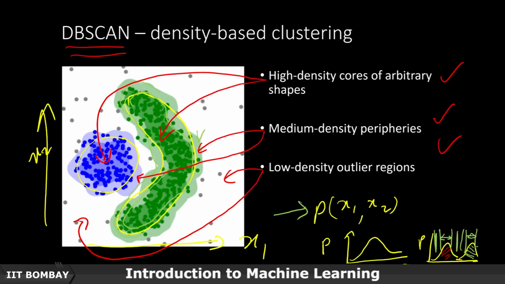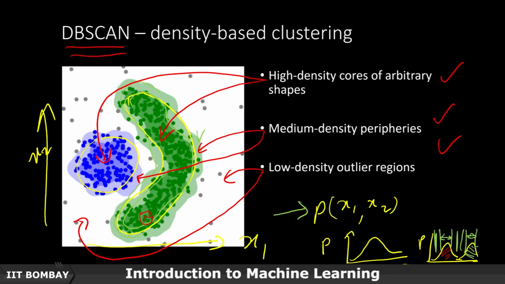So here these core points, if I draw a circle of radius epsilon around each of these points, let us say this is a core point. What makes it a core point is that if I draw a radius of epsilon, I will get more than or equal to min points within the radius epsilon.